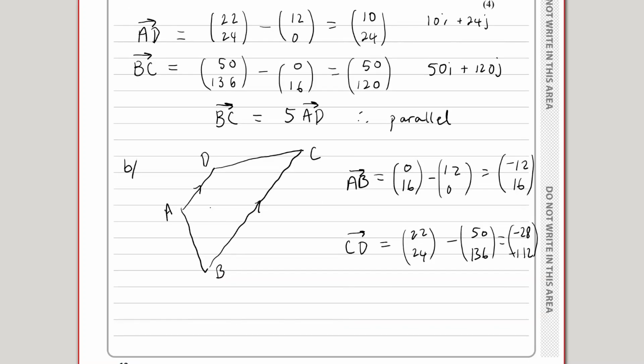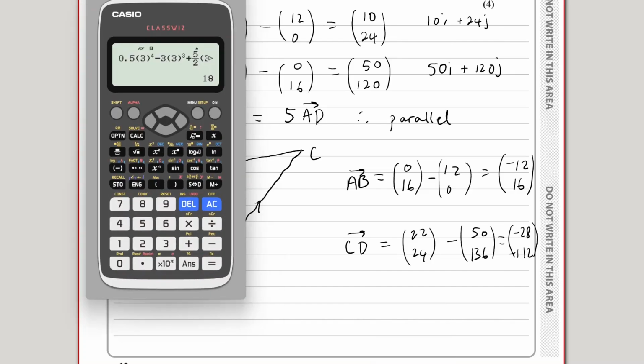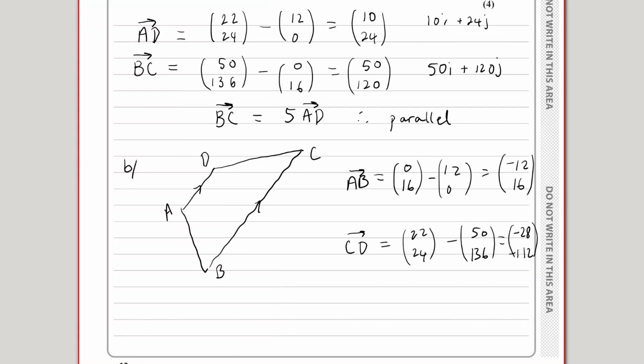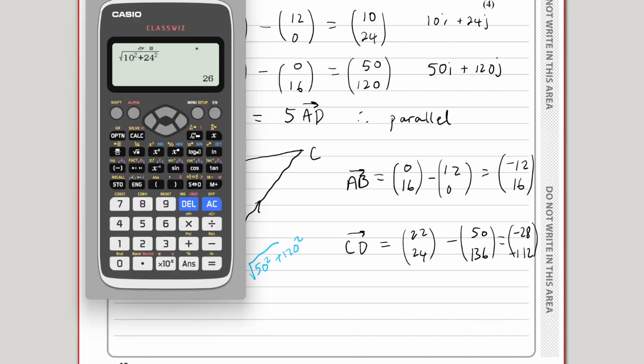So let's just work out these distances now. To work out the distances, we use Pythagoras. So for A to D, the square root of 10 squared plus 24 squared, which is 26. For B to C, we'll have the square root of 50 squared plus 120 squared, which actually is going to be 5 times 26.